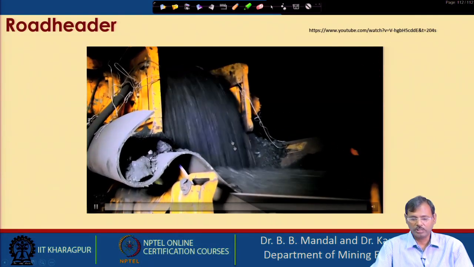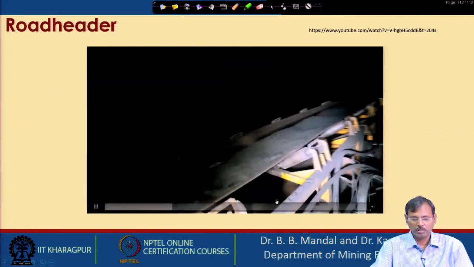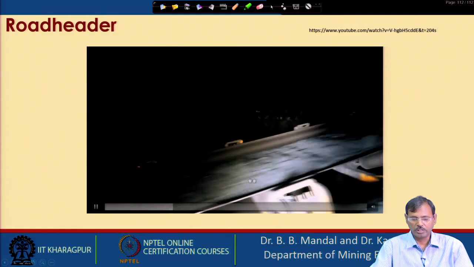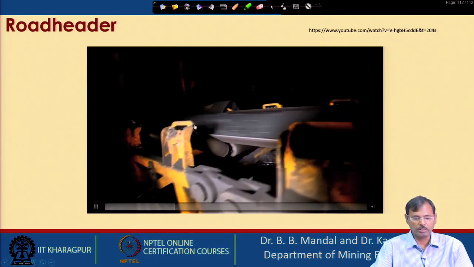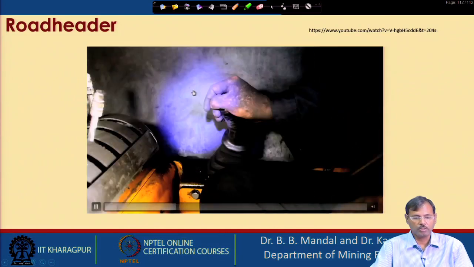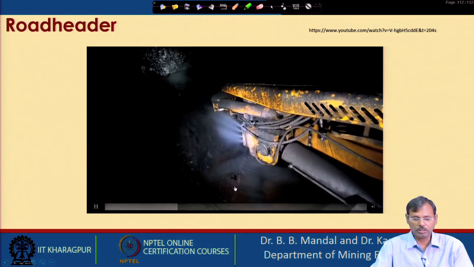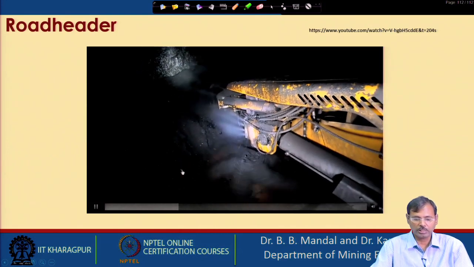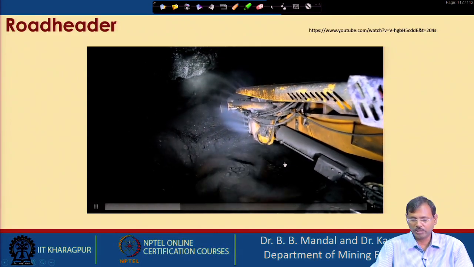And the chain conveyor is delivering the material to the discharge conveyor, and the discharge conveyor is delivering the material to the main conveyor on which the material is transported. So, in this case it is a continuous transportation system, continuous cutting, and the cut material is basically guided towards the primary chain conveyor.